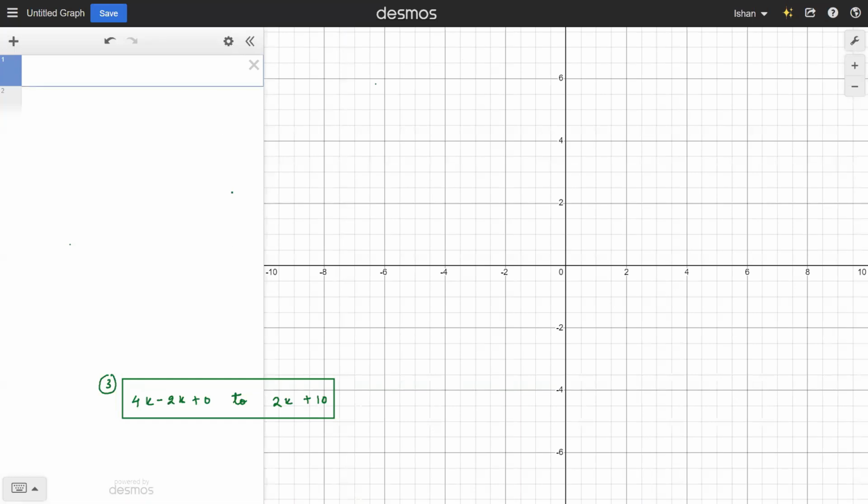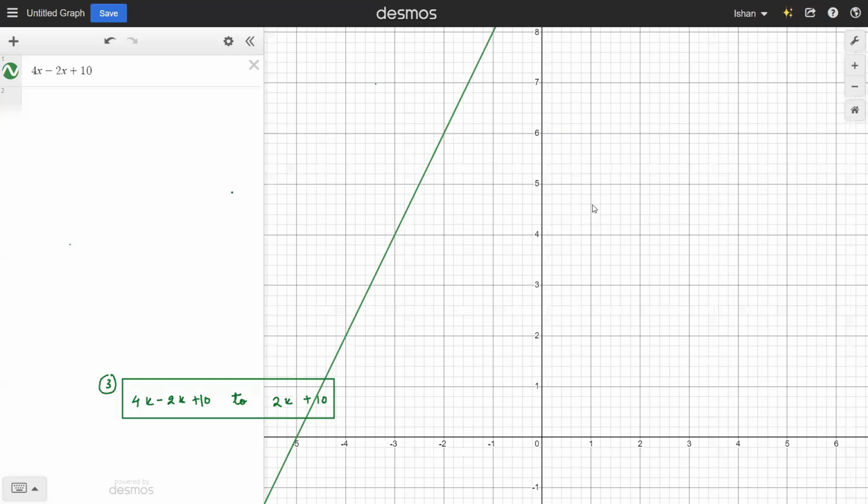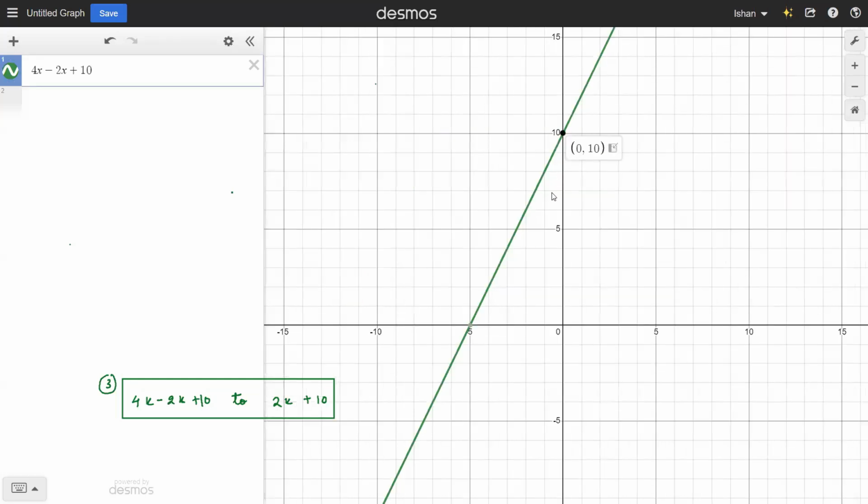The third example says 4x minus 2x plus 10. Now this line intersects at 0, 10 as the y-intercept and minus 5, 0 as the x-intercept.